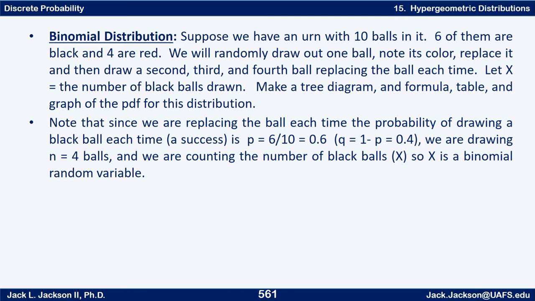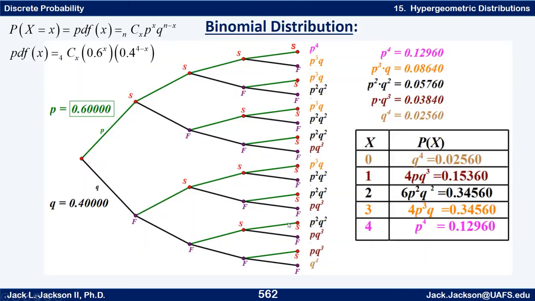That's the probability of drawing something that's not a black ball, which in this case would have to be a red ball. So X is a binomial random variable where N equals, how many are we drawing? We're drawing 4 balls, so N is 4, and we're counting the number of black balls, that's X, and the probability of success, P, is 0.6 every single time. And it's the same every time because we're replacing it.